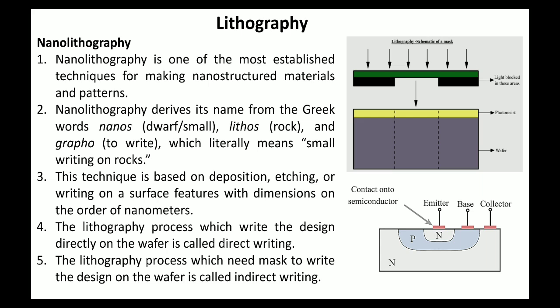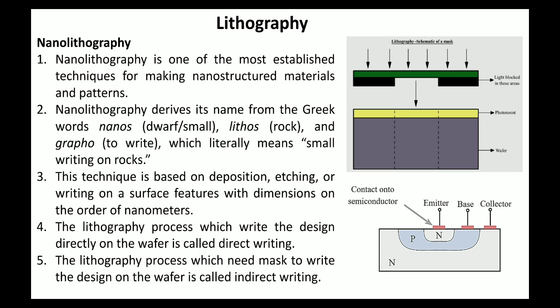Nanolithography is one of the most established techniques for making nanostructured materials and patterns. If you want to make nanostructured materials, and particularly you want some pattern, then you have to use this nanolithography technique, because it can give you patterning of nanostructured materials.